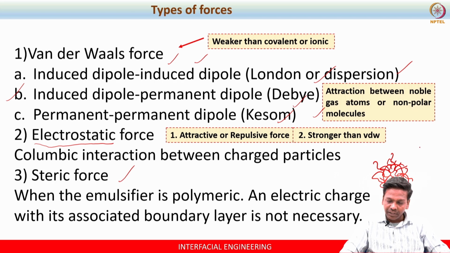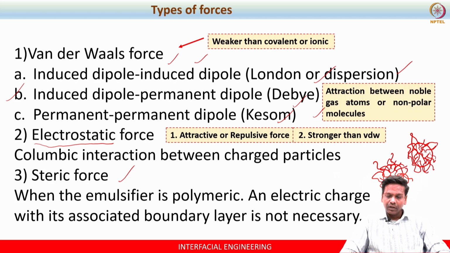Now when another sphere of particle interacts, when these two particles grafted with polymer approach each other, they cannot approach very close to each other, because there will be a hindrance between the polymer brushes. So this polymer overlap will be there. When overlap between two polymer molecules takes place, there will be a steric hindrance, because of which they will not be able to penetrate further.